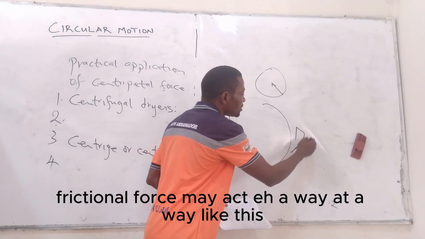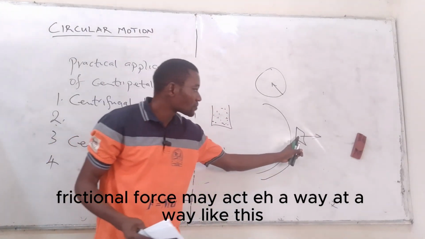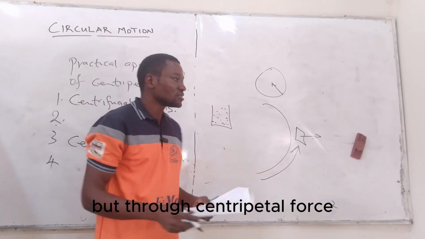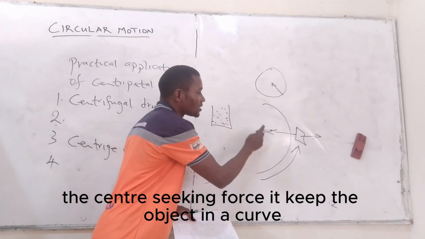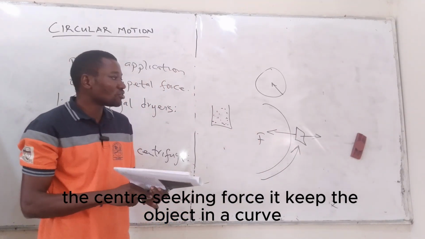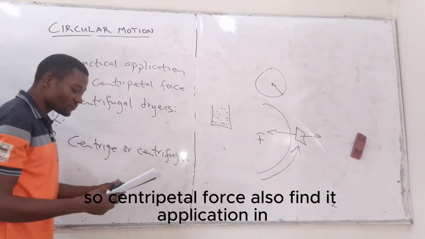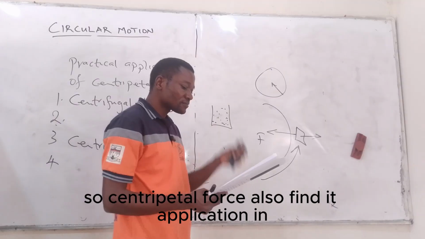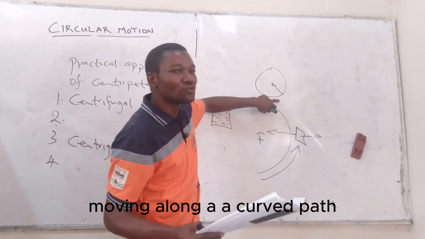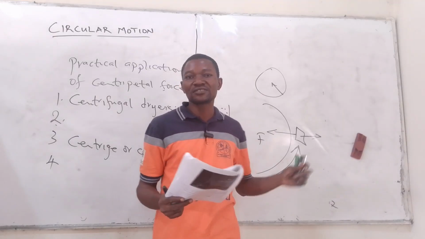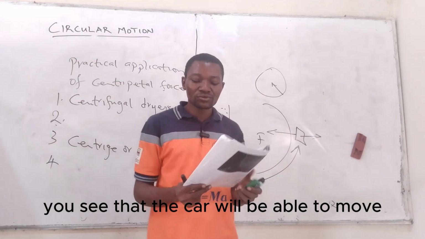Frictional force may act away like this, but through centripetal force, the center seeking force, it keeps the object in a curve. So centripetal force also finds its application on the road in keeping a car moving along a curved path. With the help of centripetal force, you see that the car will be able to move.